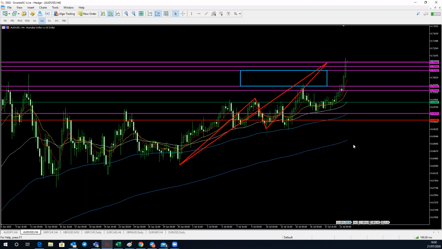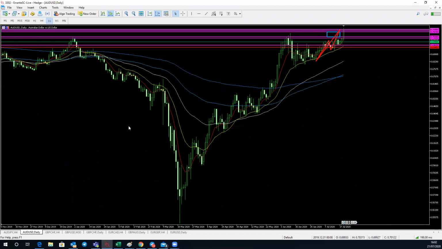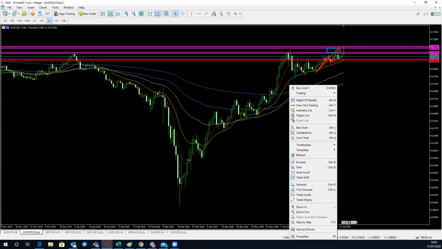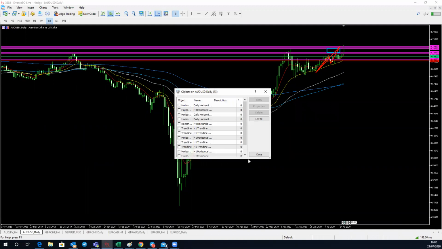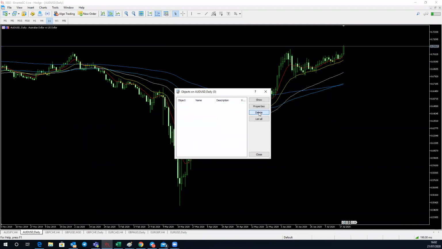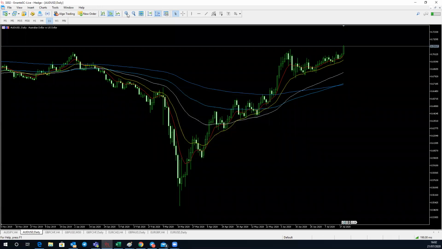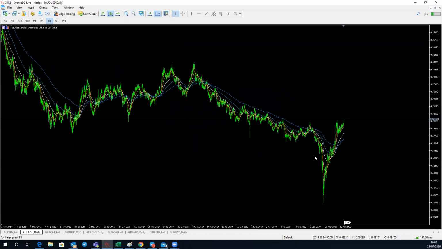So here, for example, let's look at the daily chart again. Okay, so daily chart itself. I'll get rid of all these ones here on the AUD USD, because I foresee some more potential movement to the upside. If we were to just zoom out, you can see that if at all it were to go upwards, look at the space that it has, because you see the standalone resistance is around here.